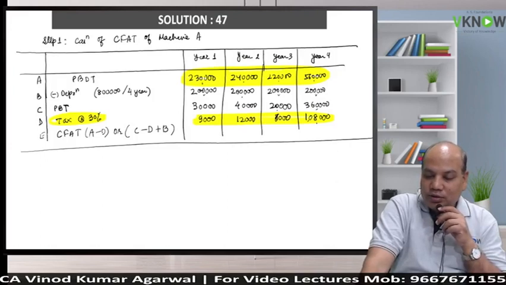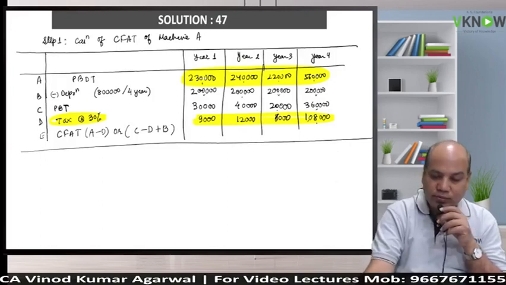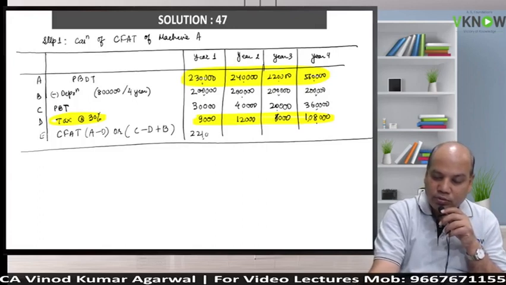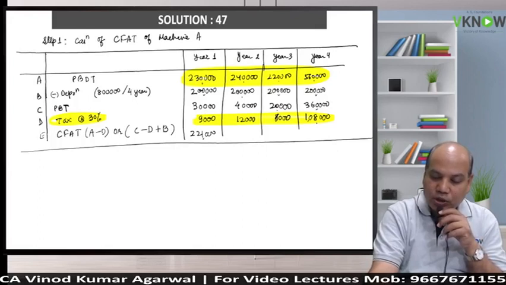You can try. So first you try 2,30,000 minus 9,000. Okay, try one more. 30,000 minus 9,000 plus 2 lakh. You will get same answer, but that takes less time. The first method takes less time. A minus D will take less time.